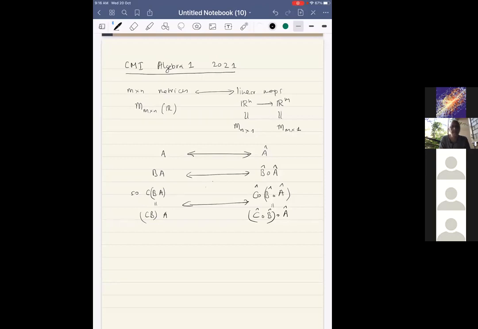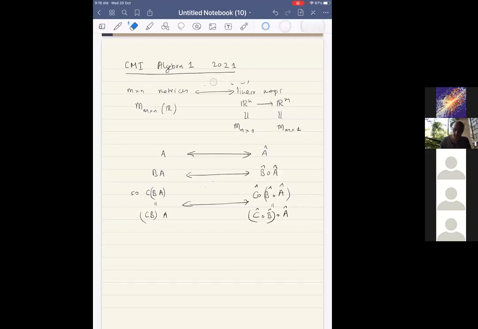So this is actually an isomorphism of vector spaces. Let me first say bijection of sets.